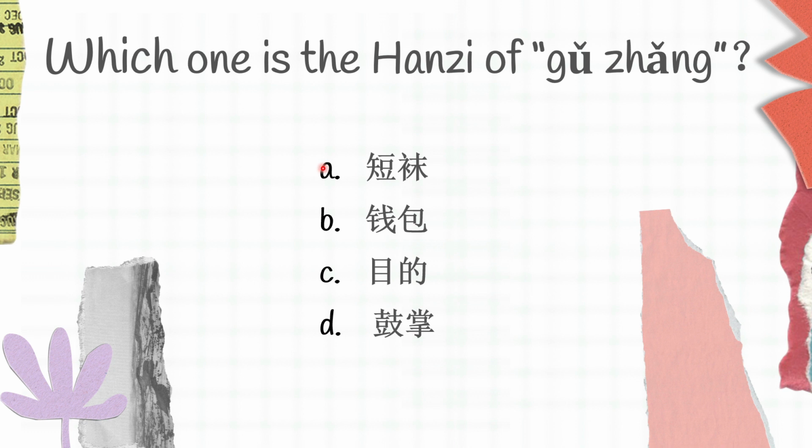A is 短袜 B 钱包 C 目的 D 鼓掌 and D here is the right one.